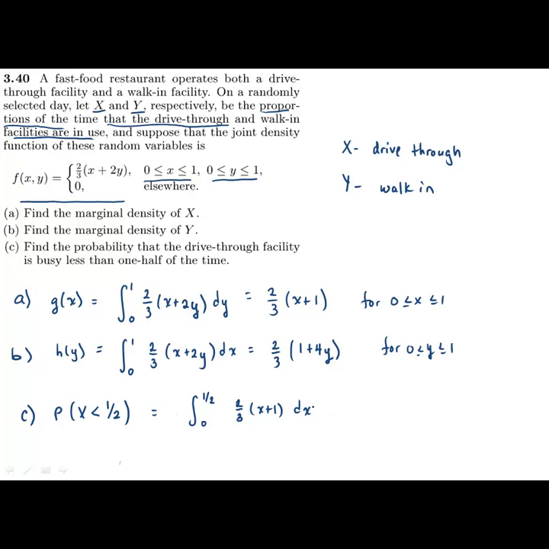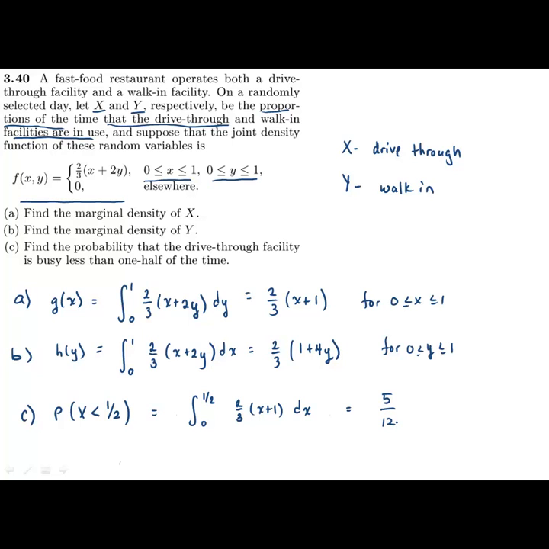So we use the marginal for x. We solve this, and this equals 5 over 12. Okay, so we went from the joint, we found the marginals, and we found the probability corresponding to one of the random variables, x, in this case.